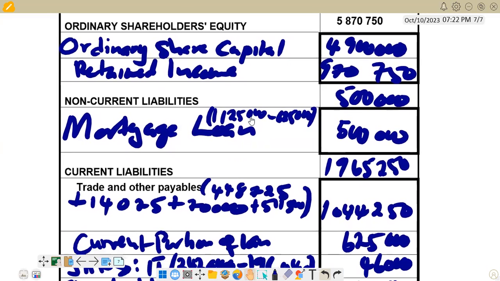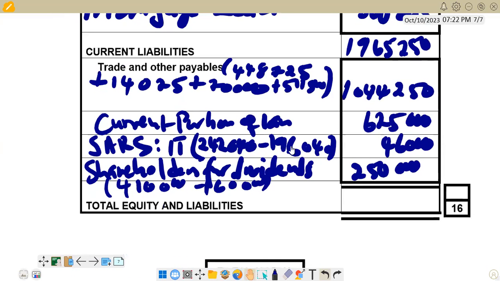We add current liabilities, which is 1,965,250, plus non-current liabilities, which is 500,000, to get the total for the second balancing figure for a normal statement of financial position. So the total equity and liabilities is supposed to be 8,336,000.